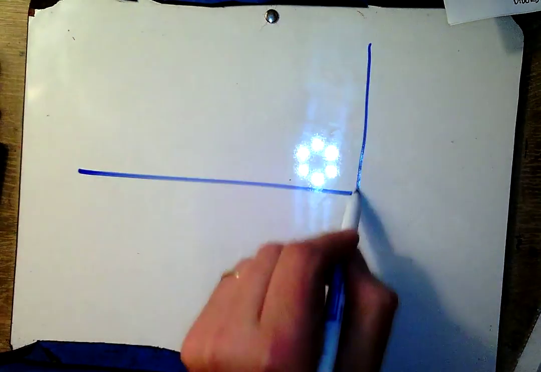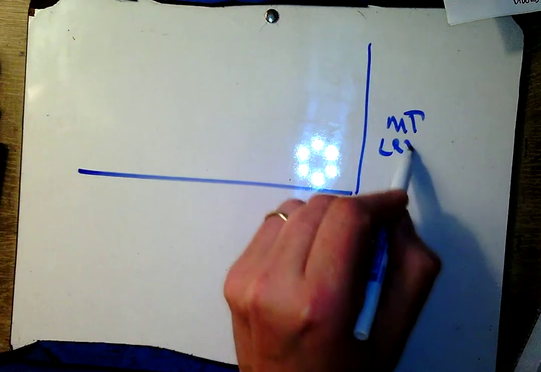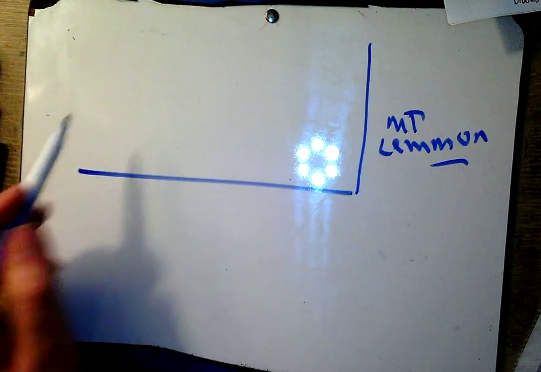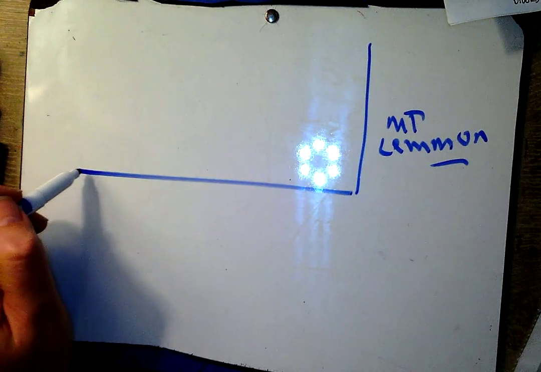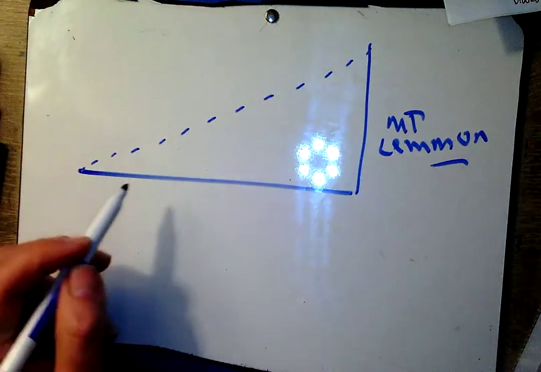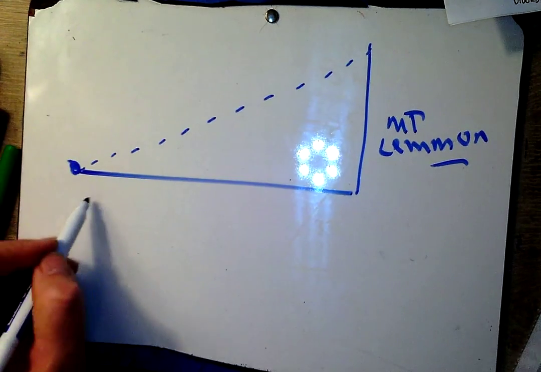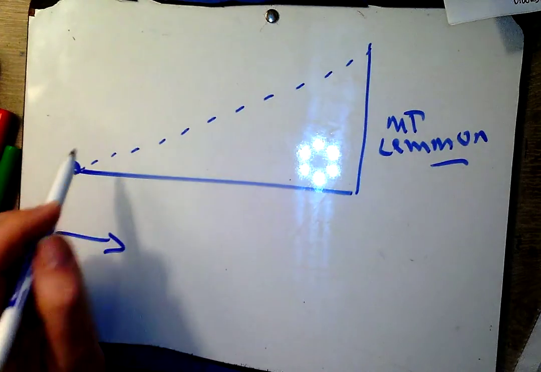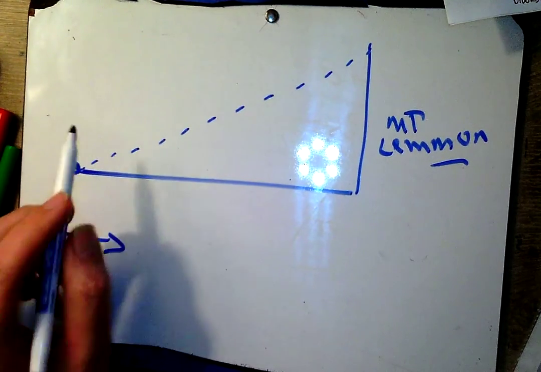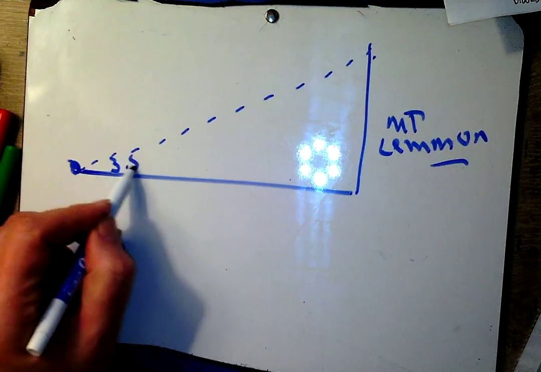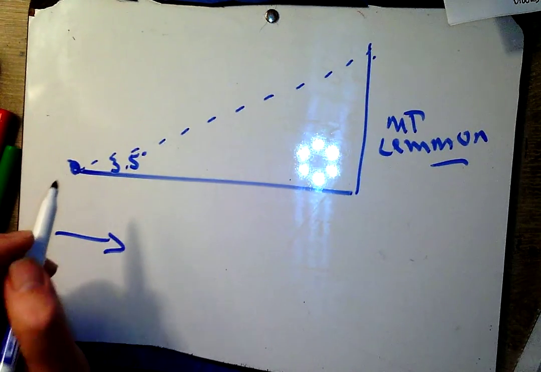Okay, so here's Mount Lemmon, or Babad Do'ag, if you know the original name given to it. So you're over here on the road, and you're headed towards Mount Lemmon, and the first time you look up from you to the top of the mountain, this is 3.5 degrees.